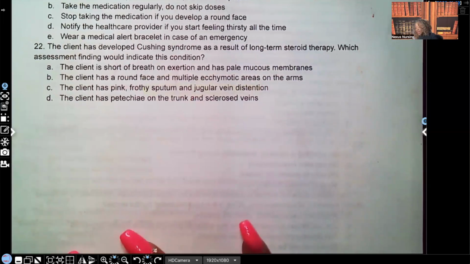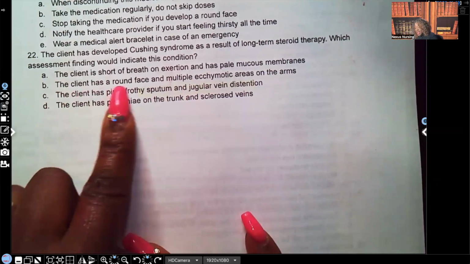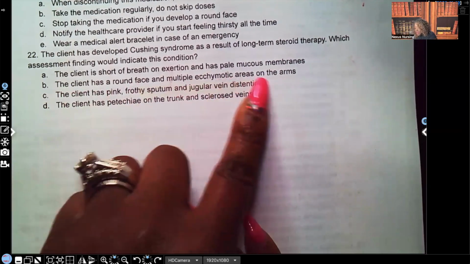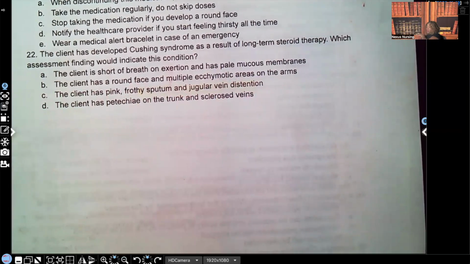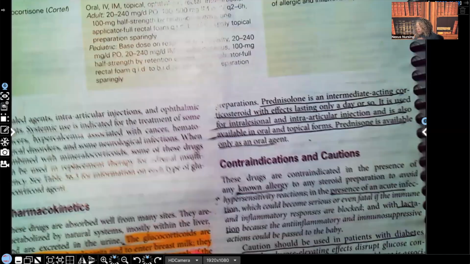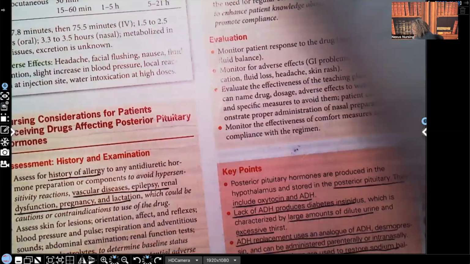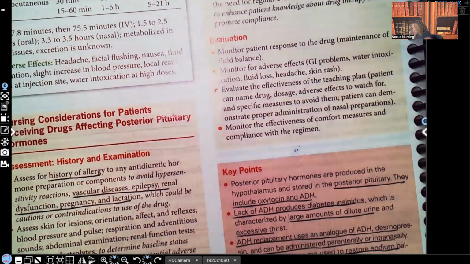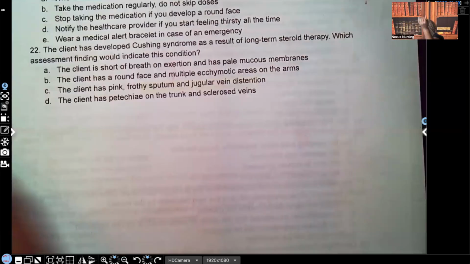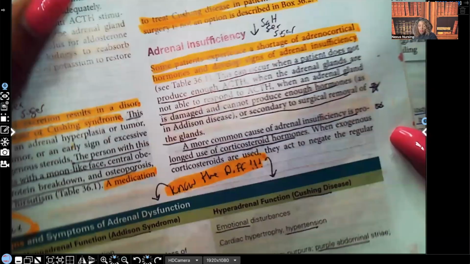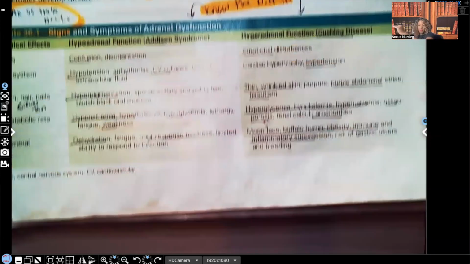And the correct answer is B, the client has a round face and multiple ecchymotic areas on the arms. Page 595. Right here, Cushing's.